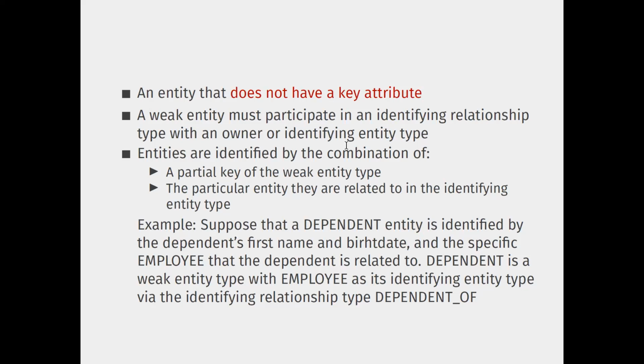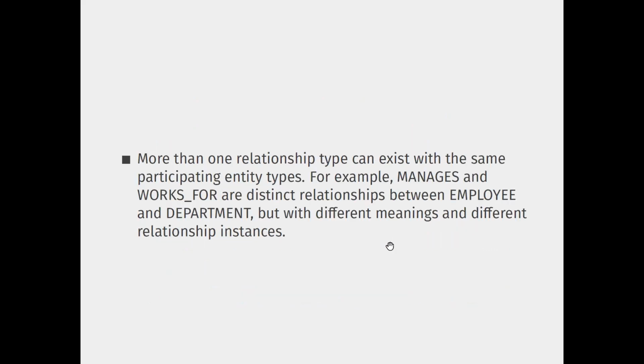Now, weak entity types: entities that do not have a key attribute. Remember in our example, we had name as the partial key. So that means you don't have a key attribute to identify without the help of an identifying relation. So that's why in our case, dependent has an identifying relationship. We have to have that.